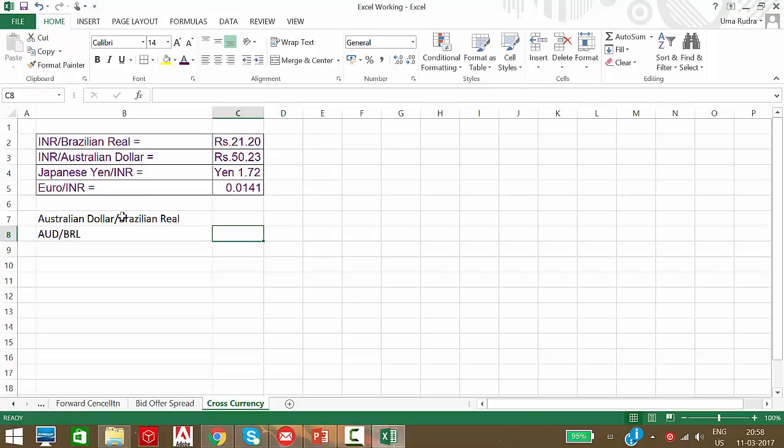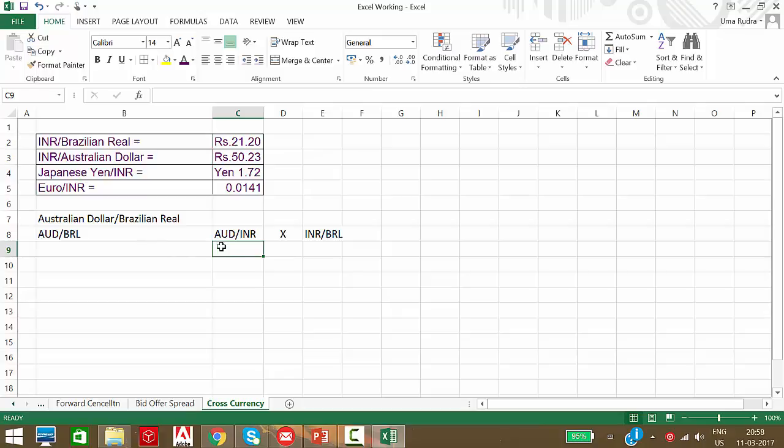So to get AUD BRL: AUD per INR into INR per BRL. This is the simple thing we have to do. In this process, INR is in the denominator in one term and in the numerator in the other, so in effect it gets struck off. Net, we get Australian dollar per unit of Brazilian real.